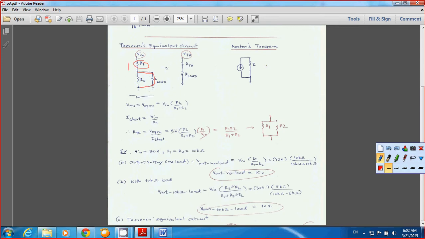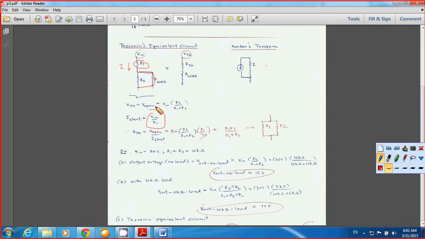It becomes the current flowing through R1, and you have no other current, right? By applying Ohm's law, your current I is simply Vin divided by R1.